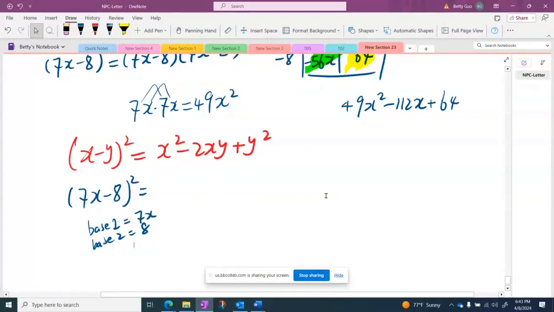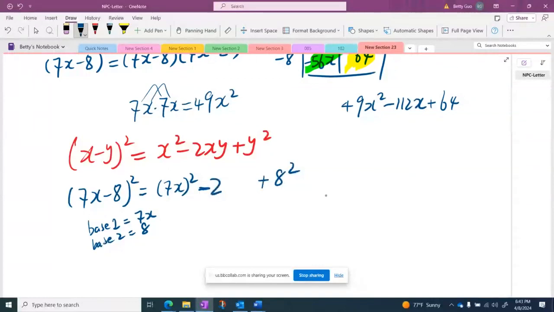By the formula, we're going to have a perfect square trinomial. The first term is the first base to the power 2. The last term is the second base to the power 2. In the middle, we're going to have a negative, twice the first base times the second base.